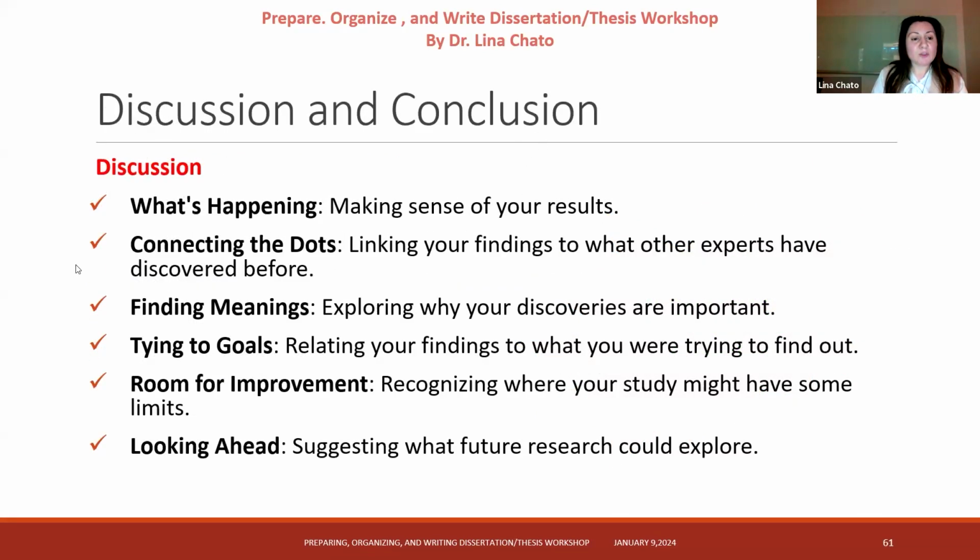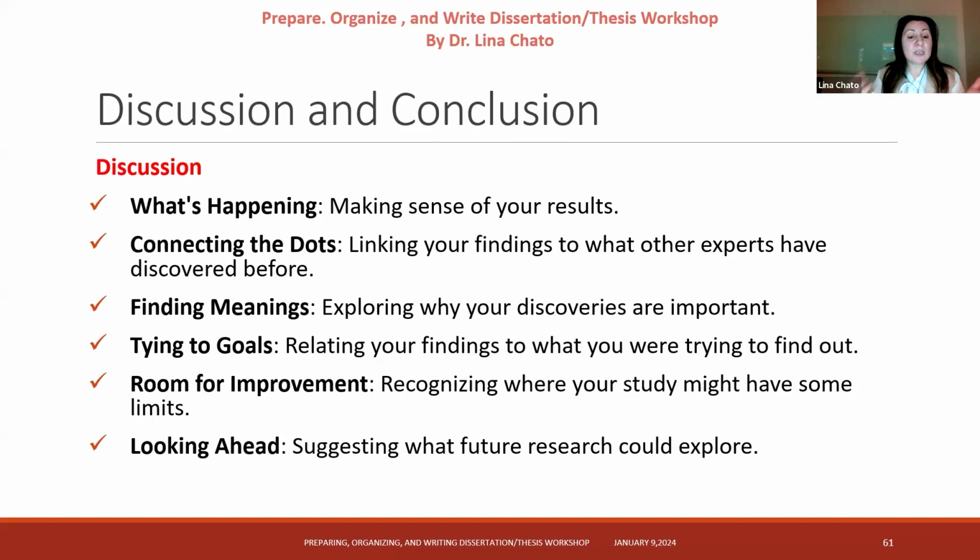Discussion and conclusion. Here you will talk about what happened, make sense of your results, and link your findings to what others did. Here you are also talking about why your discoveries are important. Then you relate your findings to what you were trying to find out, what gap you filled, okay?